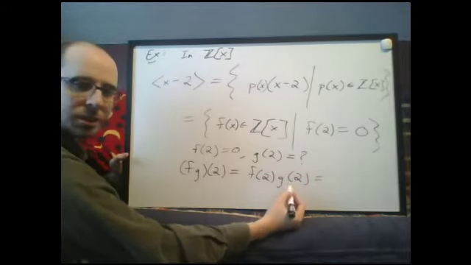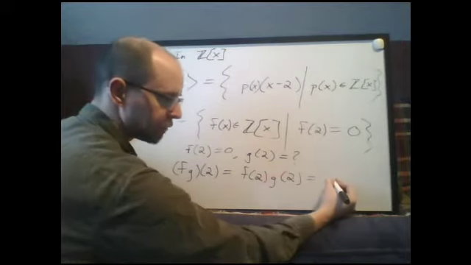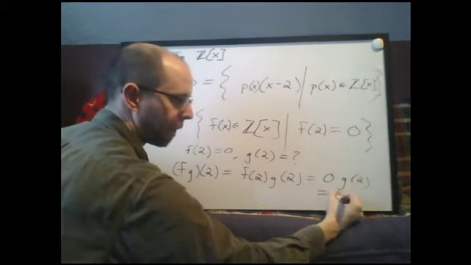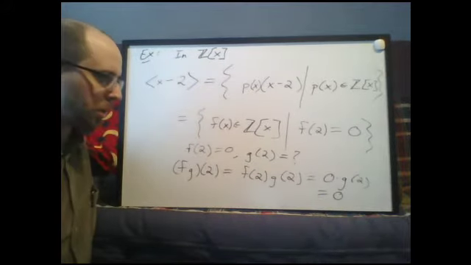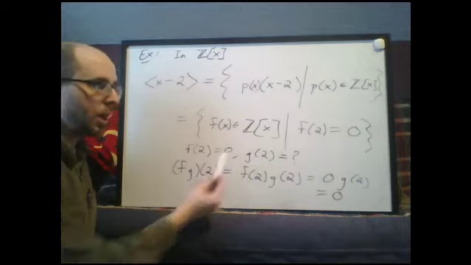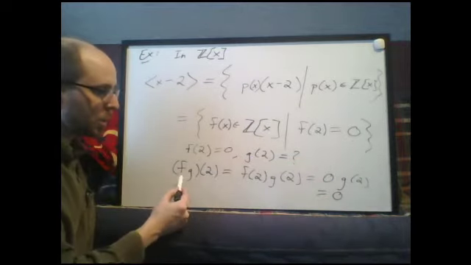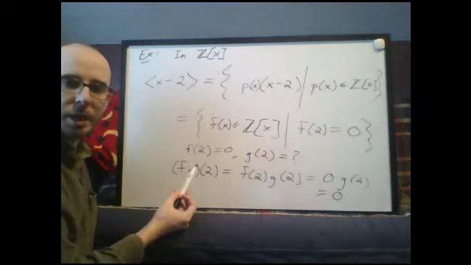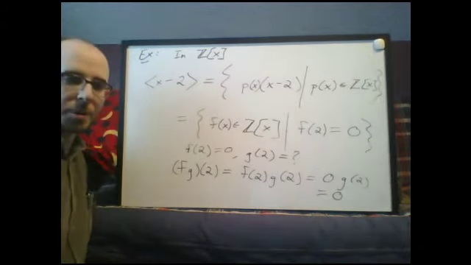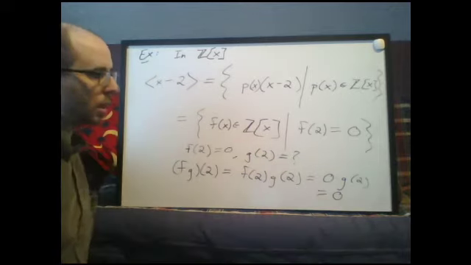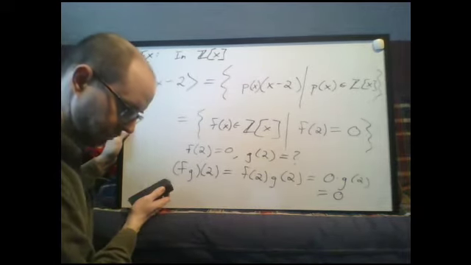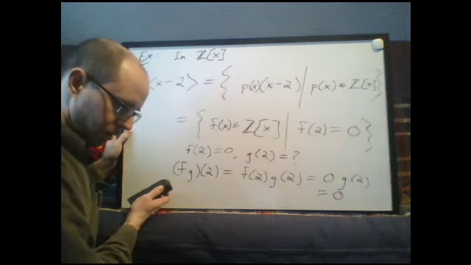And I don't know what g of 2 is, but I know f of 2 is 0. So the product comes out to be 0. And that tells me that f times g of 2 satisfies this condition, so it lives inside of this ideal also. So we could verify this is an ideal just by using this other definition. All right.